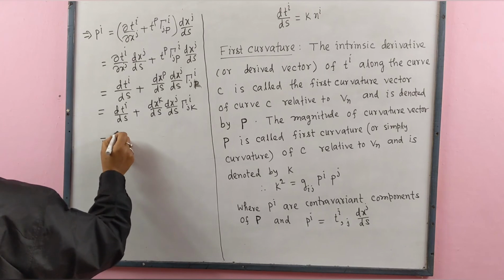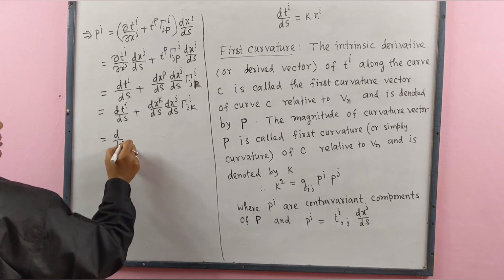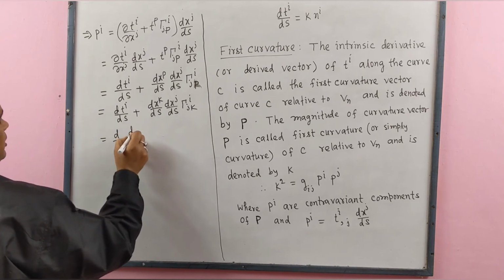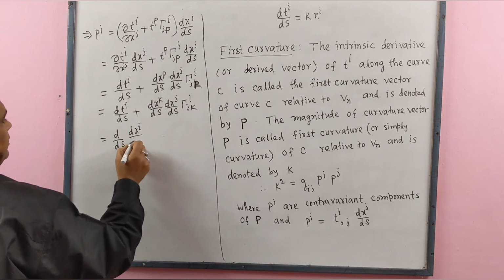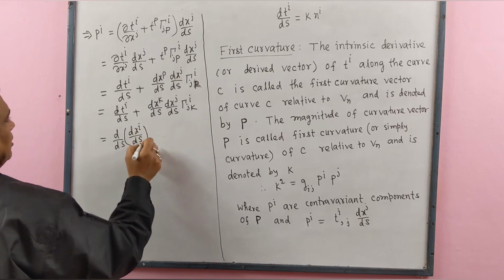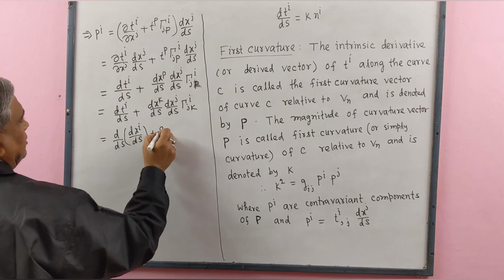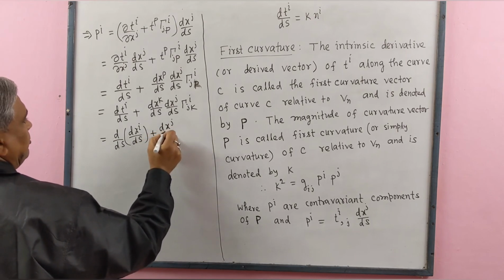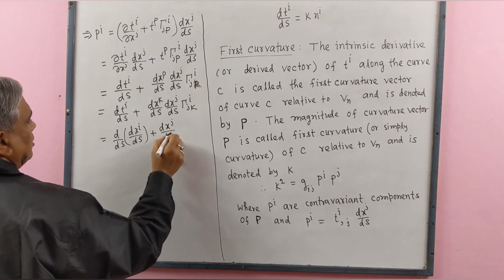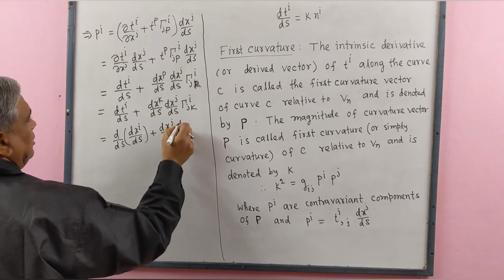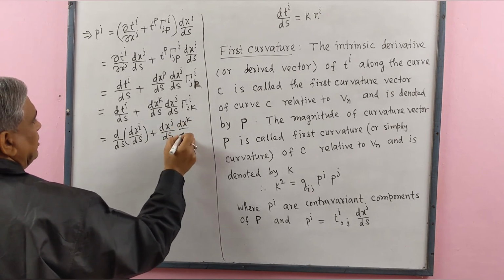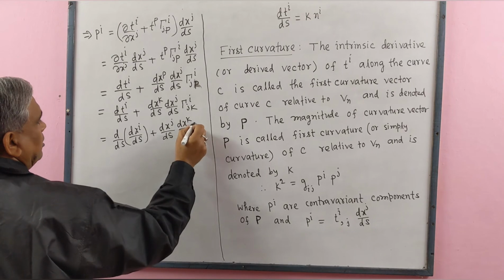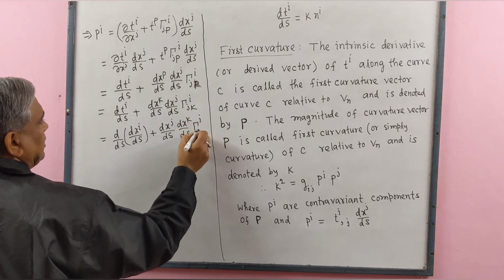We may write this as d by ds of dxi by ds plus dxj by ds, dxk by ds, Christoffel symbol of second kind.